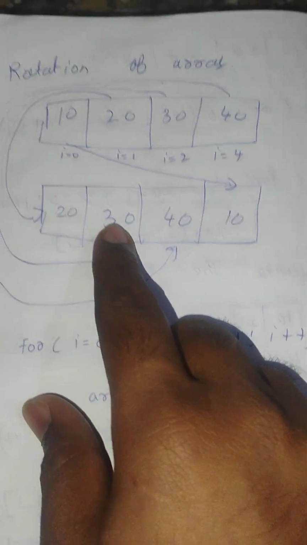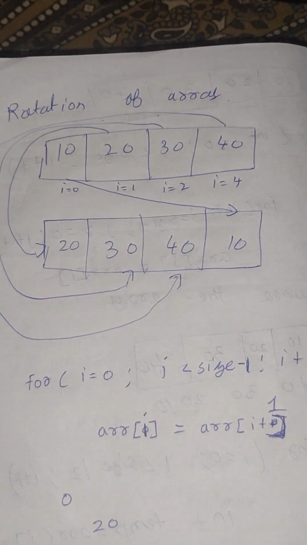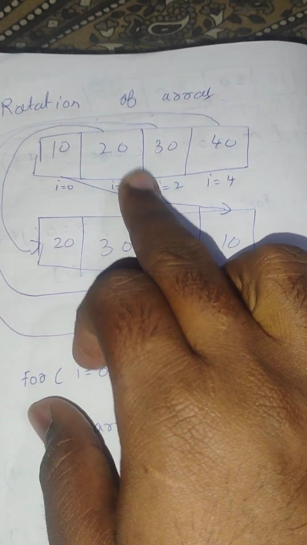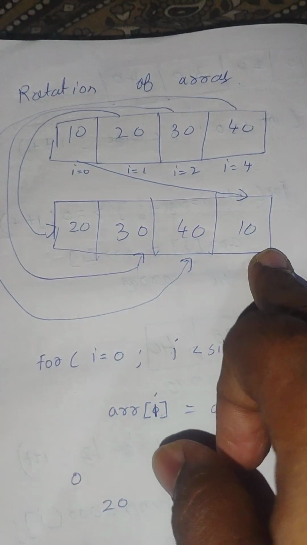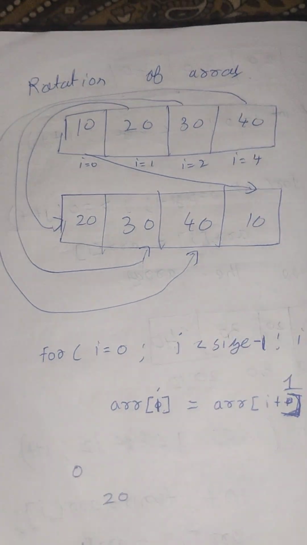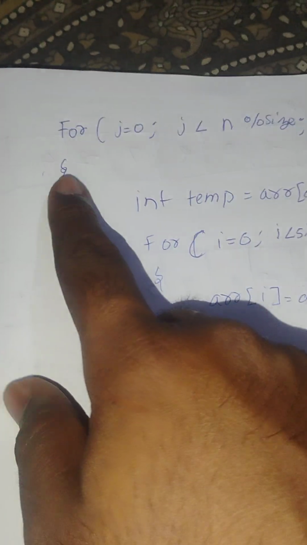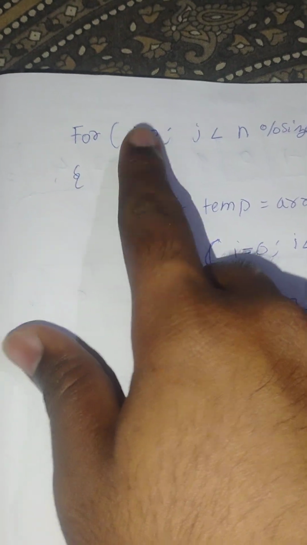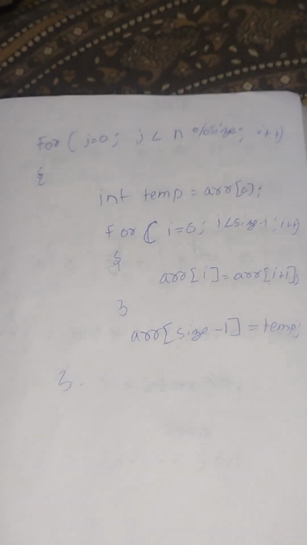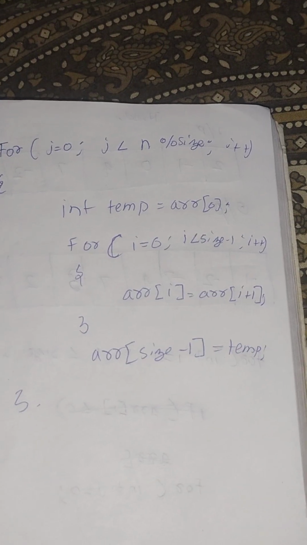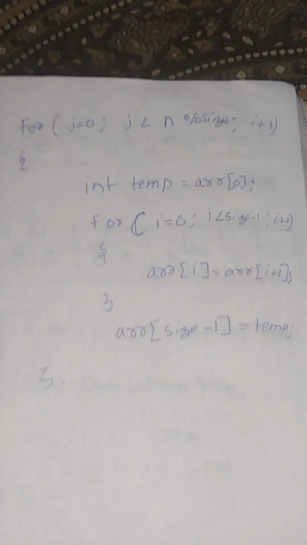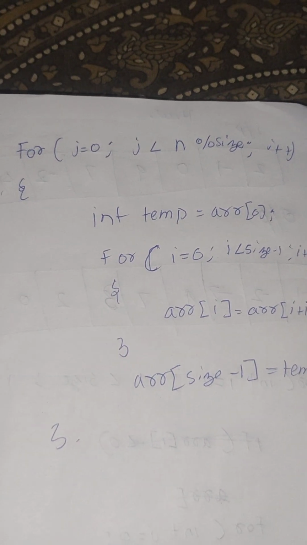Next I am going to rotate these elements. Rotate means 20 goes here, 30 goes here, 40 goes here, and finally 10 comes here. How can we write code for this? Here is the logic. For j equal to 0, why do I take j starting from 0? Because the user wants to say how many times to rotate the elements.